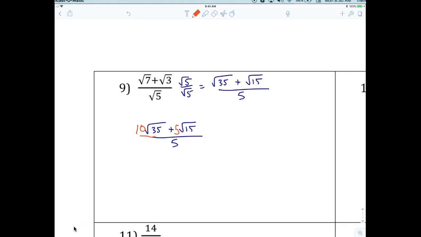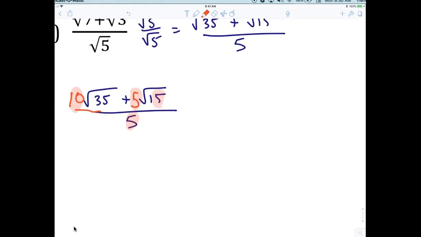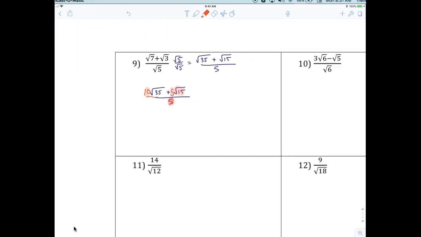Now I can reduce. Because I can reduce this by 5, this by 5, and this by 5. No, you cannot. The reason why you cannot is because, remember, this is a radical. This is not a radical. You can only reduce radicals and radicals.